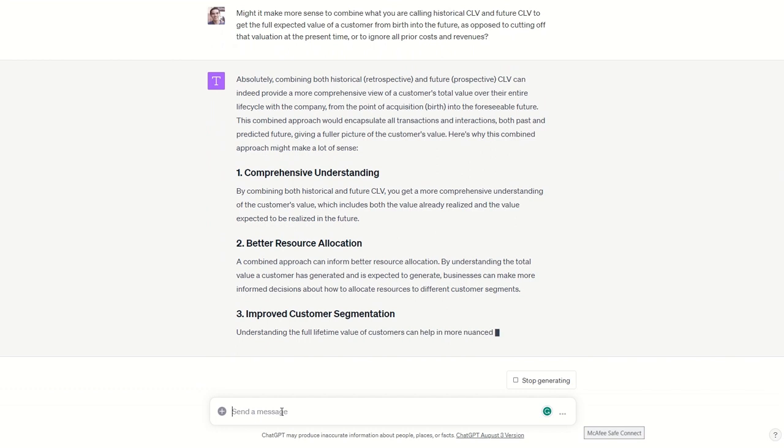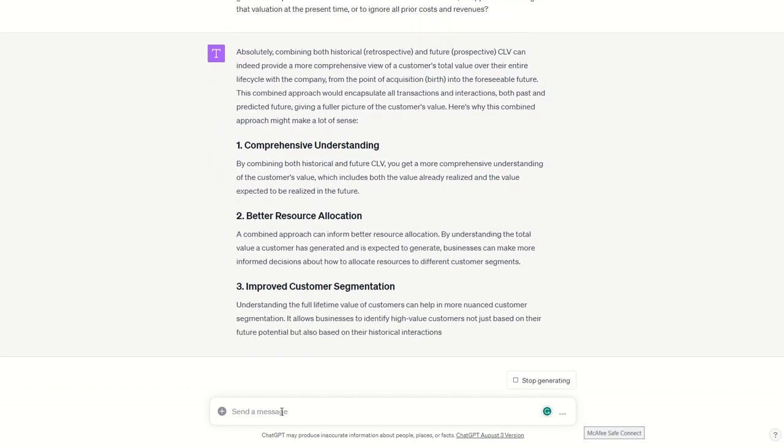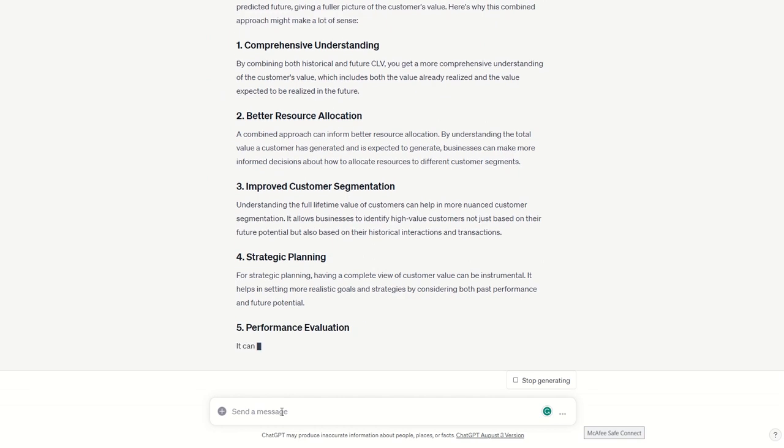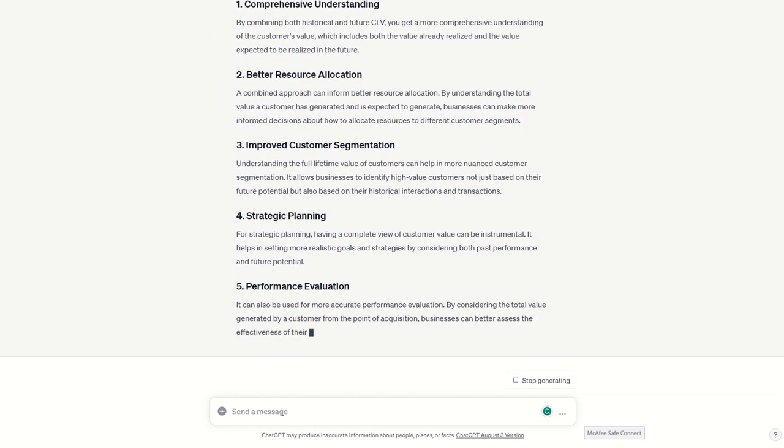Again, I'm kind of steering it in a very particular direction. It's not clear to me that it's saying that this is what CLV should be, but let's ask it.